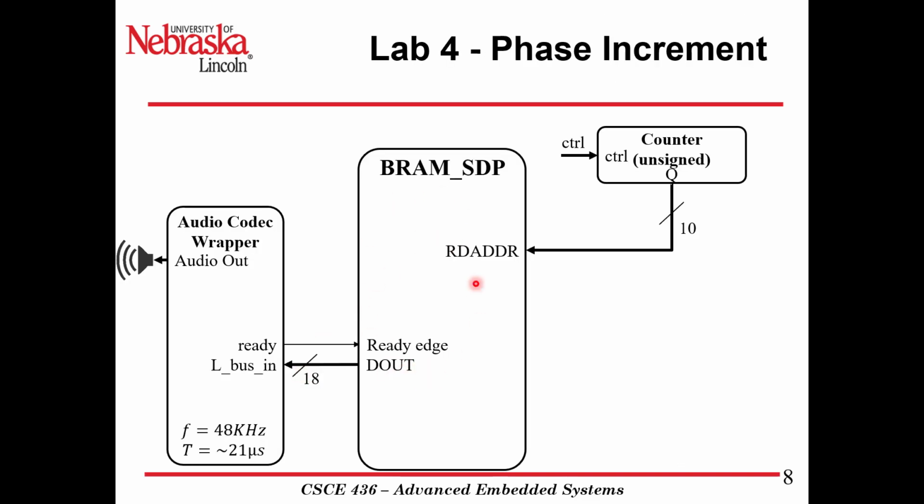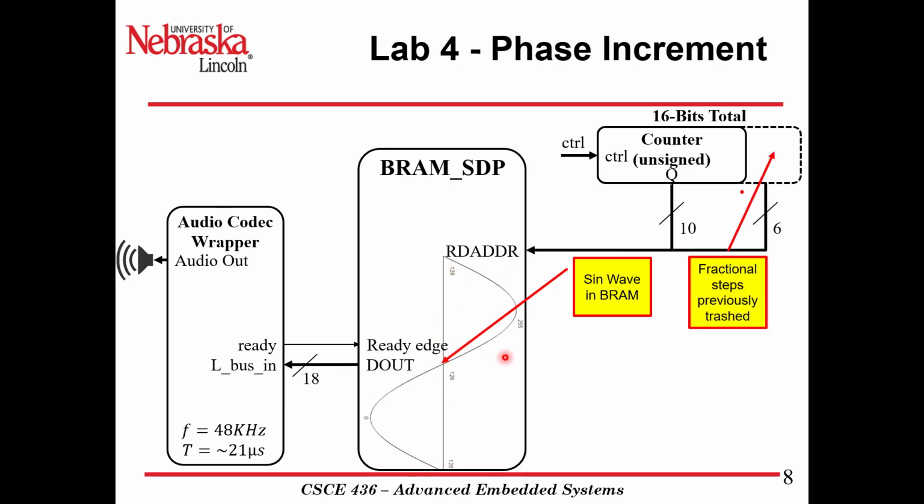Again, ultimately what we're doing is we're initializing VRAM, and then we're using a counter. Again, our address is only 10 bits wide because we only have 1024 values in VRAM. And then we have this sine wave in VRAM, and on every ready edge, we're going to read some value out. We're going to index into that lookup table using 16 bits.